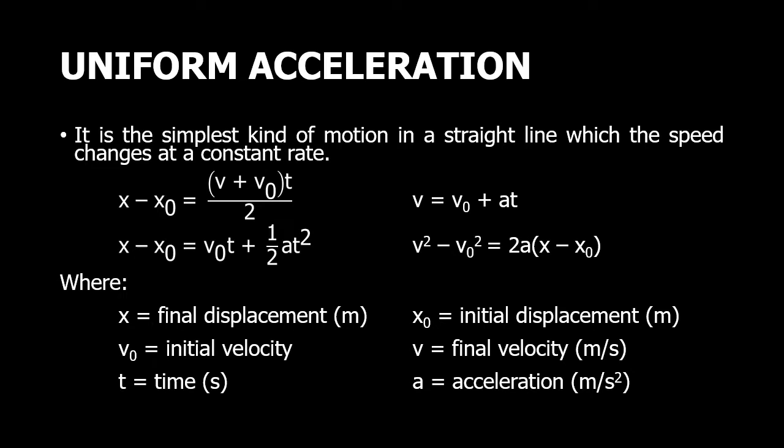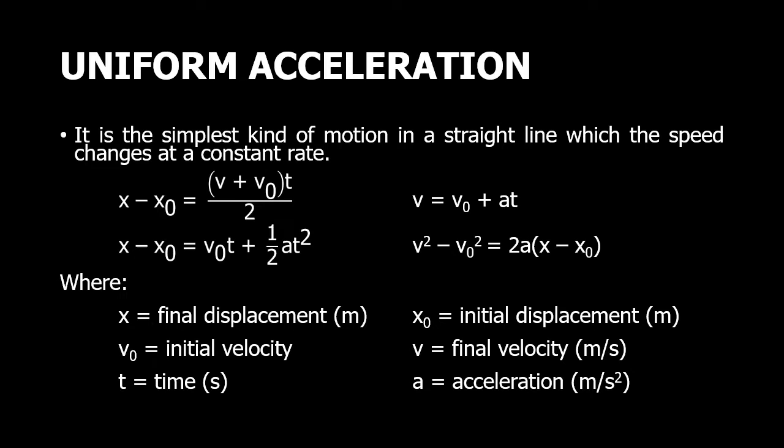Next is v is equal to v sub 0 plus at. Next is v squared minus v sub 0 squared is equal to 2a multiplied by the difference of x and x sub 0, where x is the final displacement, x sub 0 is the initial displacement, v is the final velocity, v sub 0 is the initial velocity, t is time, and a is the acceleration.